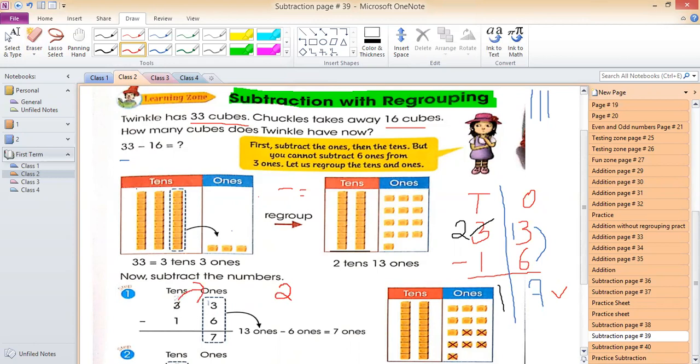If you have 3 candies and you give 1 candy to your friend, you don't have 3 candies now because you have given 1 candy to your friend, so you have 2 candies now. The same as there were 3 tens, but 1 ten he gives to ones. That's why it is not 3 now, it is 2. So these 2 things are very important, which you should remember for subtraction with regrouping.